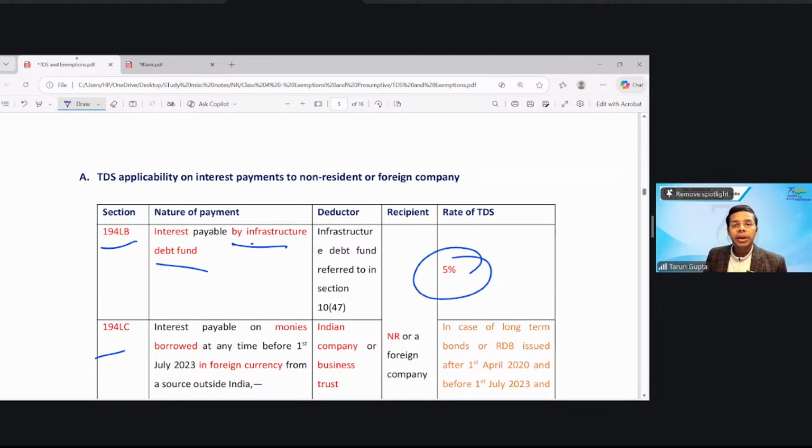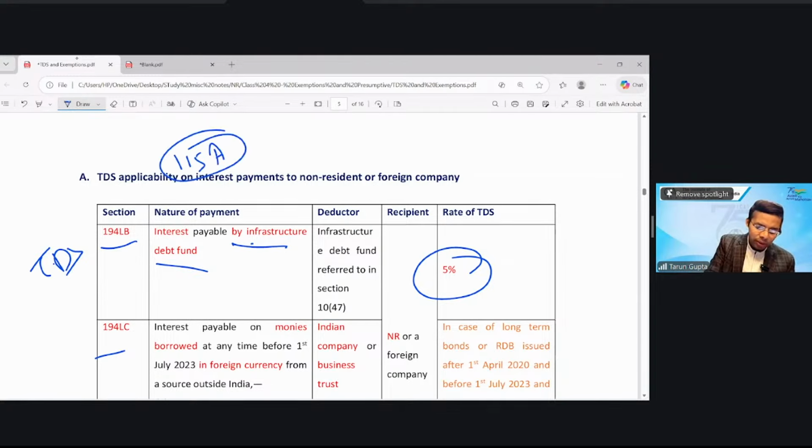And even the infrastructure debt fund is required to withhold tax at the rate of 5% only. So 194LB is a TDS section which provides the TDS rate, and this interest is taxable under section 9. And the tax rate is given in section 115A, which provides that in case of 194LB, the tax rate is 5%.